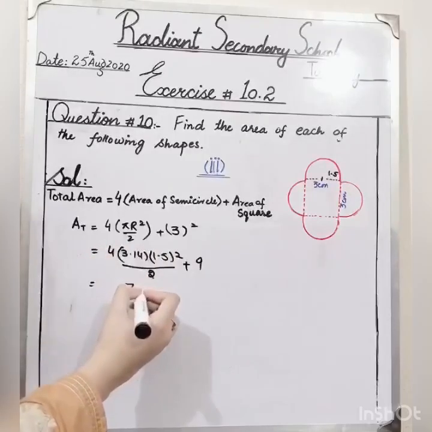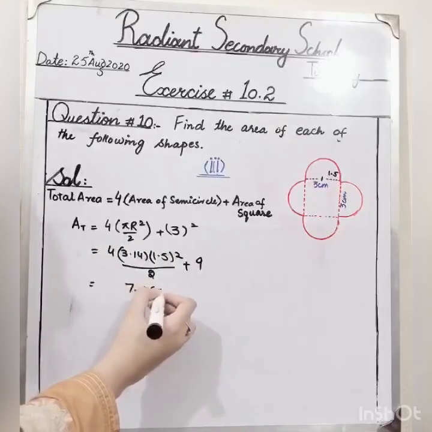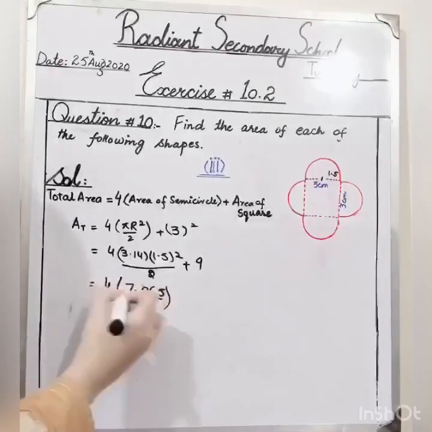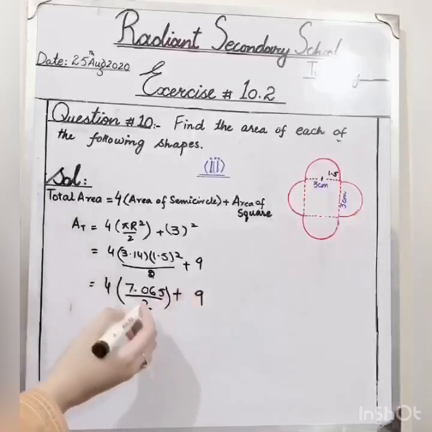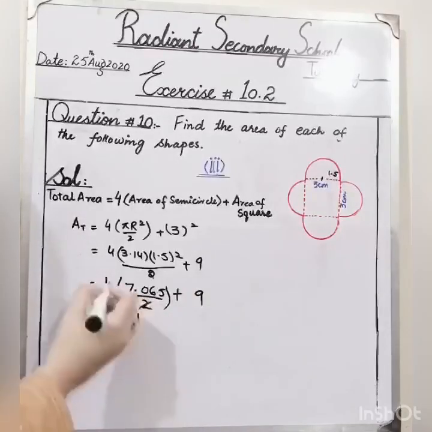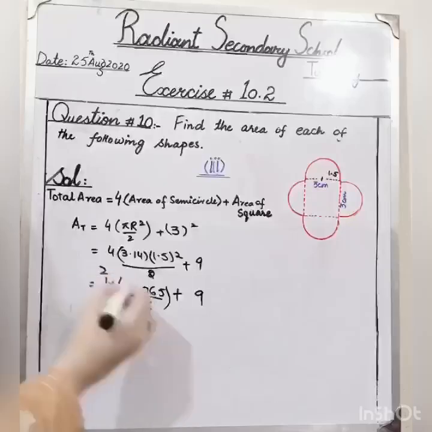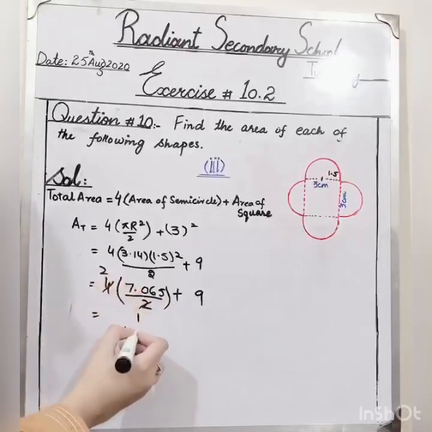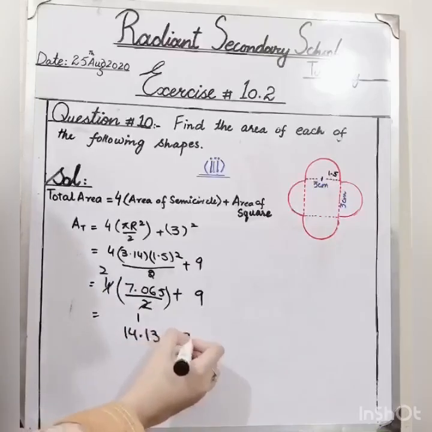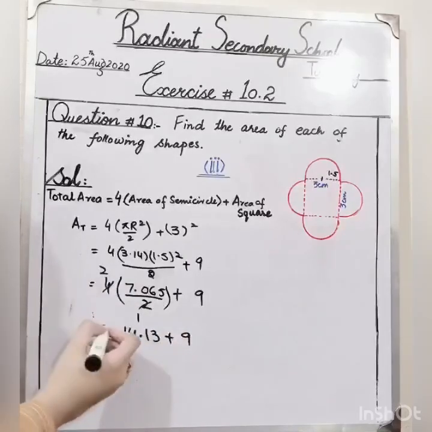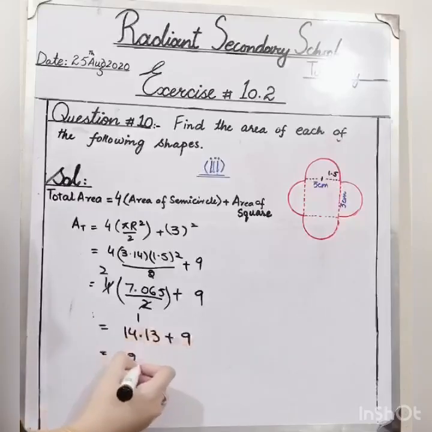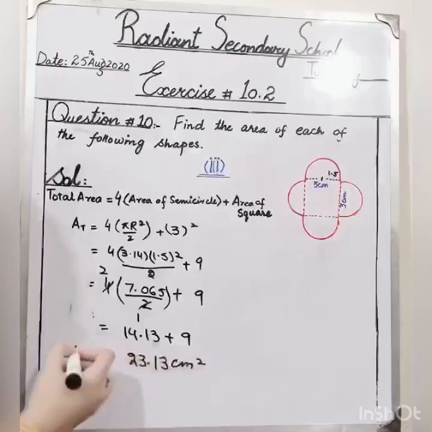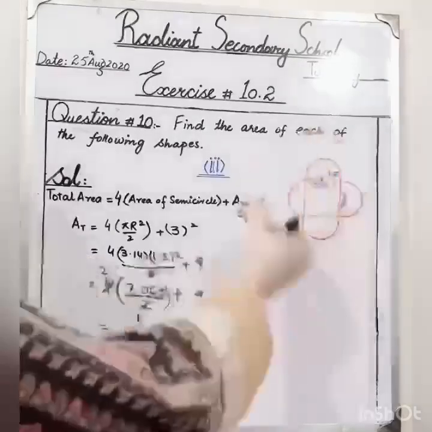So your answer will be 7.065 divided upon 2 and this 4, plus 9. We can cancel this 2 with this 4. 2 twos are 4. And when you multiply this number 7.065 into 2, it will be 14.13 plus 9. So 14.13 plus 9 will be 23.13 centimeter square. So this is the total area of this shape.